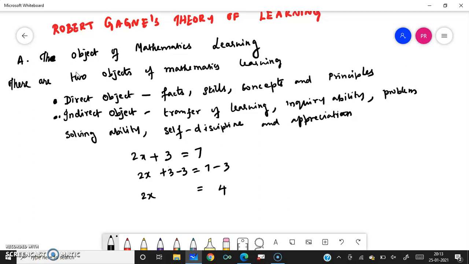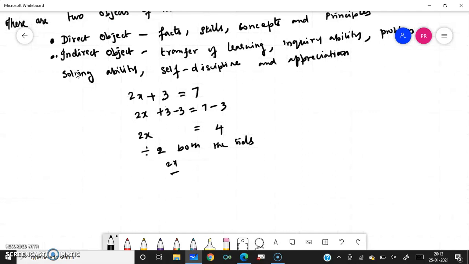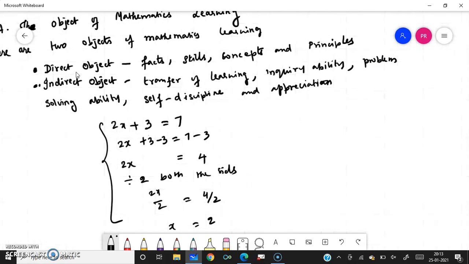Next step, divide both sides by 2. This will be another step. You get 2x by 2 equal to 4 by 2. So you get x equal to 2. These are the steps, procedures. What do you call that? Steps, skills, procedures, in order to solve the mathematical problem.